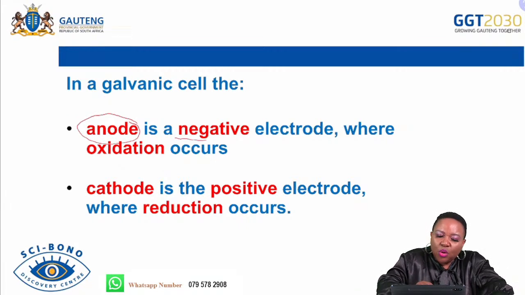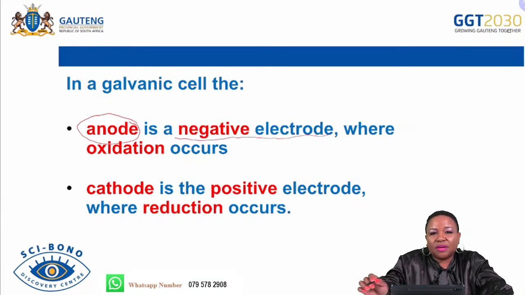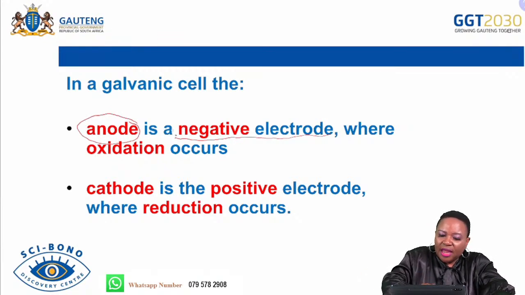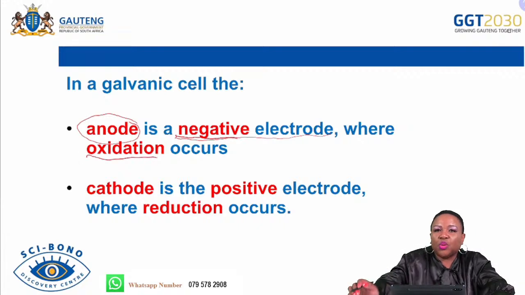Now, an anode will be our negative electrode. Remember, in a galvanic cell, we don't have any connection to a power source. The electrodes become positive and negative according to the way the reactions occur. Therefore, we have an anode, which will be our negative electrode, and that is where oxidation will occur.